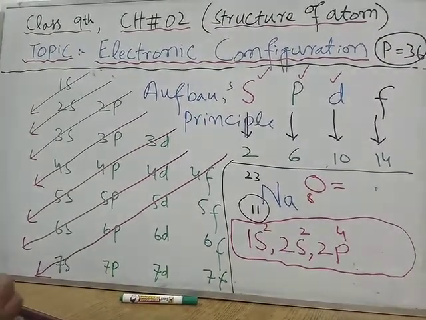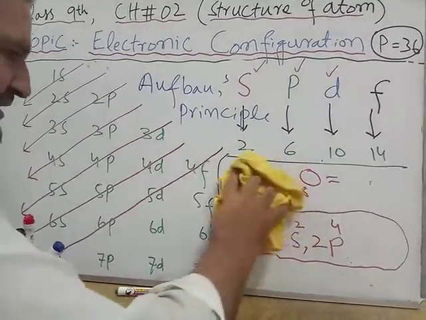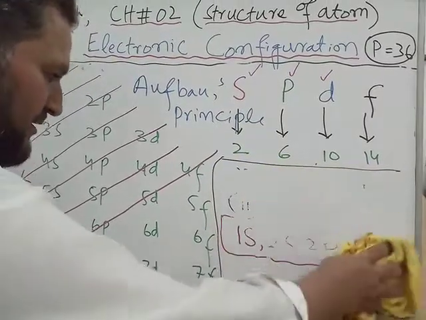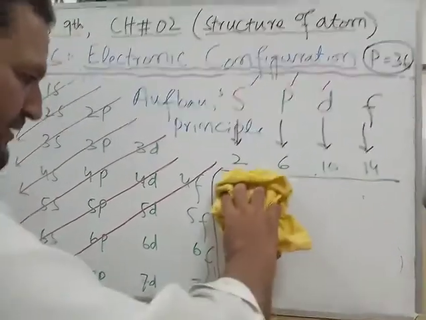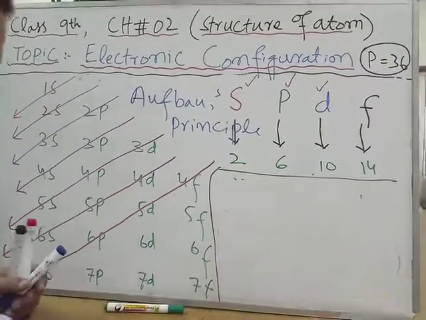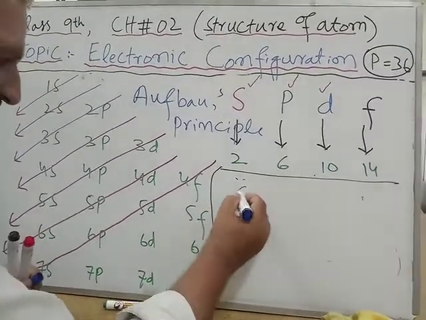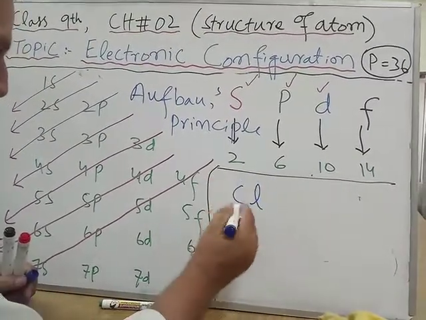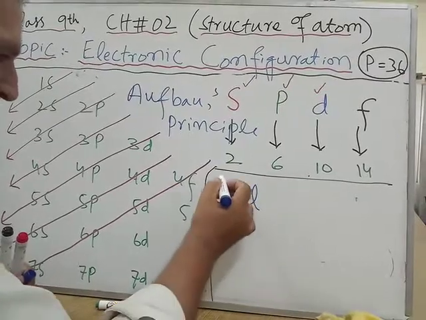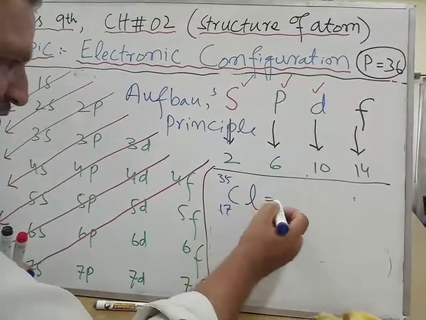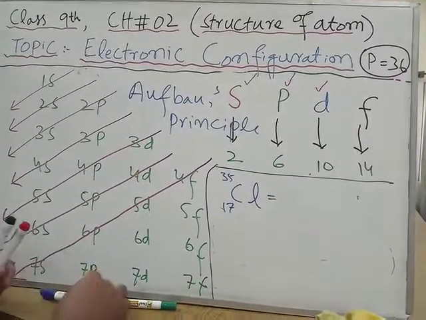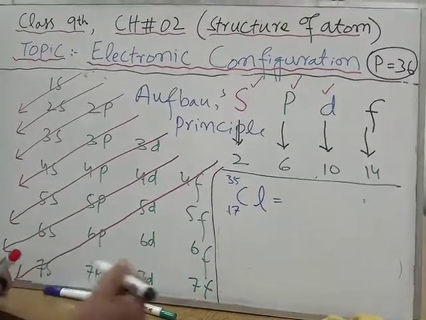So let's say someone asks you to write the electronic configuration of chlorine. The symbol of chlorine is Cl, its atomic number is 17, mass number is 35. Now I am going to draw its electronic configuration.